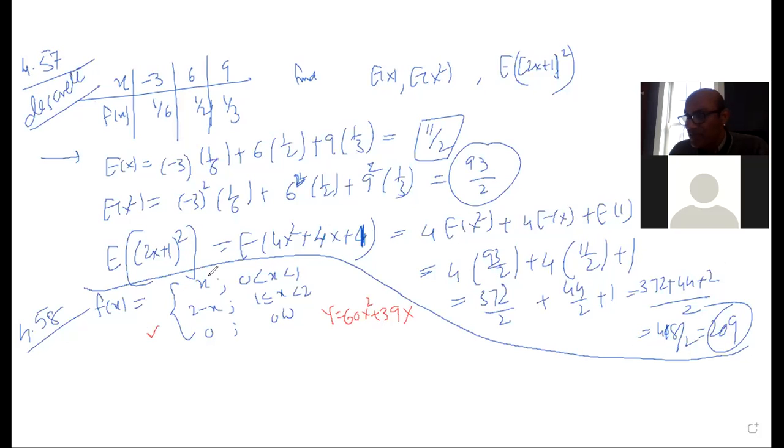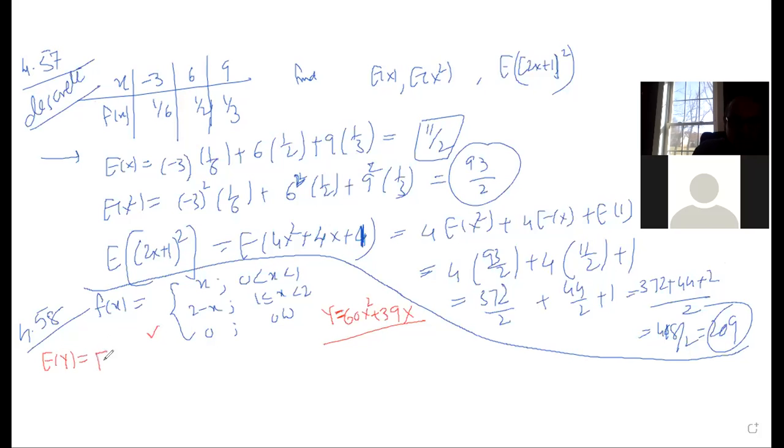Use Theorem 4.6 to evaluate the mean of the random variable y, the number of kilowatt hours expected annually.